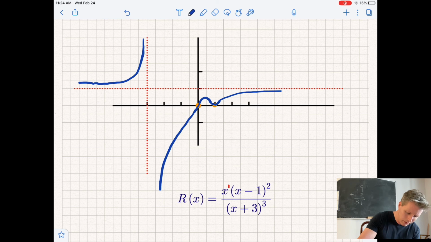And then of course we know that it's going to follow that horizontal asymptote. And so this is giving us a feel for what our actual graph is going to look like. It's going to behave roughly in this fashion.